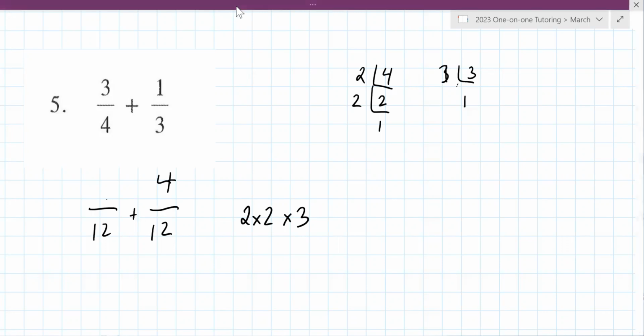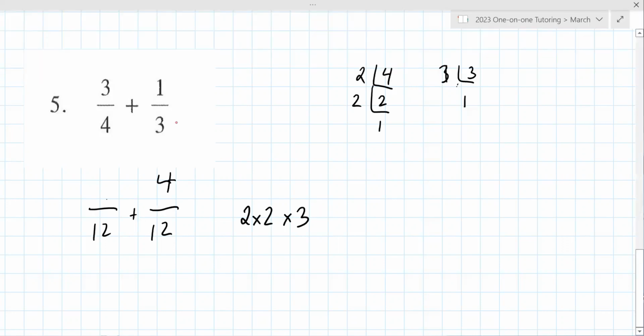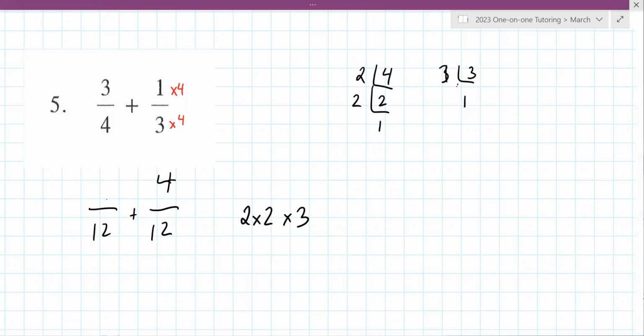How did you get the 4 on the right? What did you multiply the top and bottom by? On the right, I multiplied the top and bottom by 4. Now on the left, it's not going to be the same number. So it's going to be times 3.